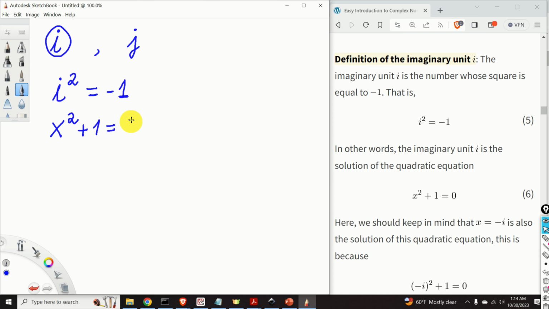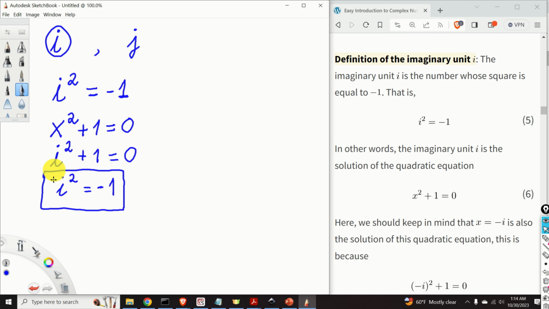Let's show that. Simply substitute i here, and we obtain i squared plus 1 is equal to 0, or i squared is equal to -1. And that's precisely the definition of the imaginary unit.